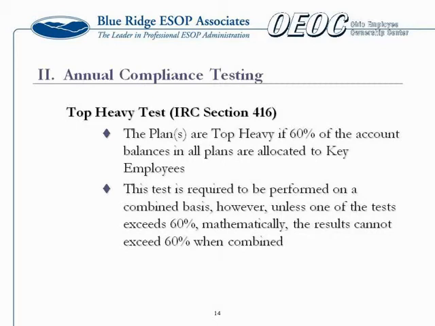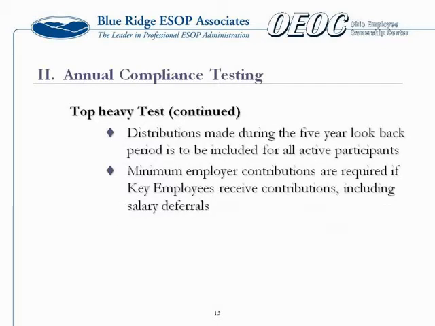However, I guess this is just kind of common sense: unless one of the tests exceeds 60%, then mathematically you're okay. So we rarely see a failure there, quite honestly. But that's part of the deal. You want to make sure your provider's running this test.